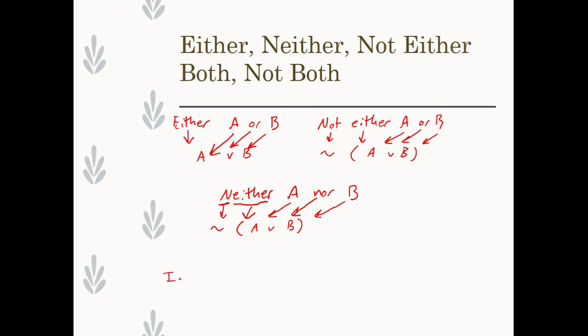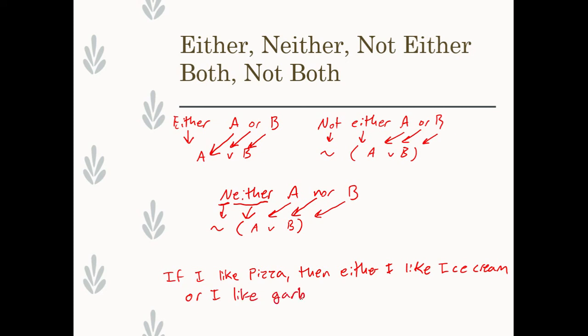So if I like pizza, then either I like ice cream or I like garbanzo beans.